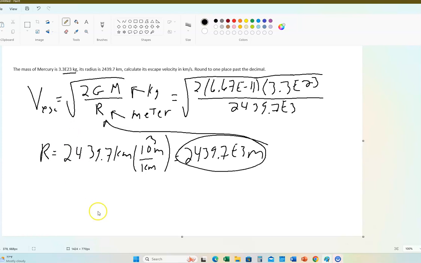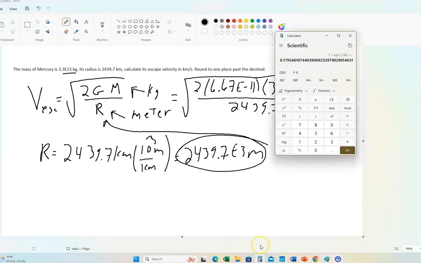So let's do this problem. We could do the whole thing all at once, or we could do it in pieces. That is, you could do what's underneath the radical and then take the square root. I'm just going to do the whole thing at once. It doesn't really matter how you do it.